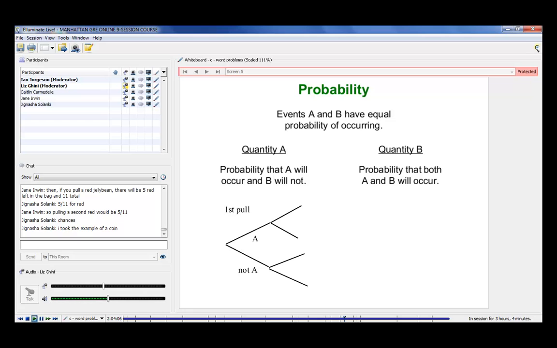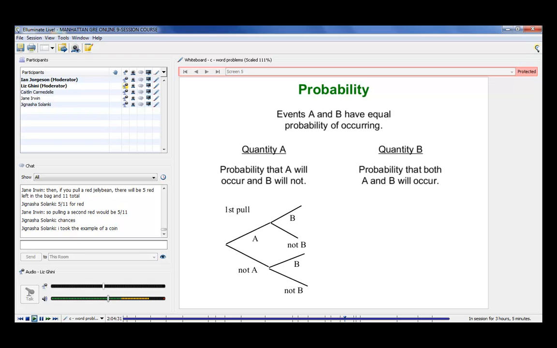But yeah, A could be the first flip, heads or tails, B could be the second flip, all right? So when you think about it, you've got A, not A, and then out here, your second thing would be B or not B, okay? B or not B, all right?